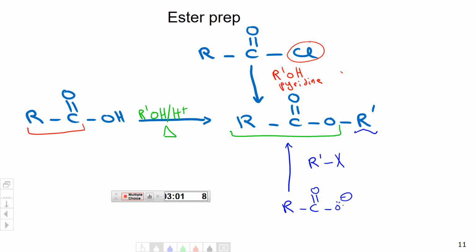So this one in here is going to attack the RX, where X is bromine, chlorine, or iodine. And these are the three methods to prepare esters: from acid chloride, from carboxylic acid, or from its conjugate base with an alkyl halide.